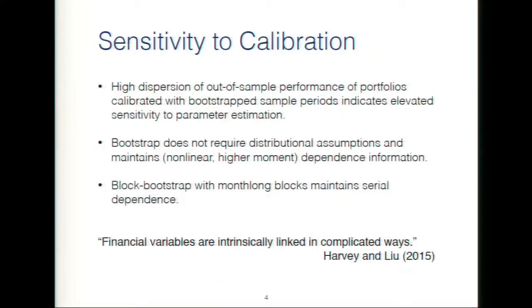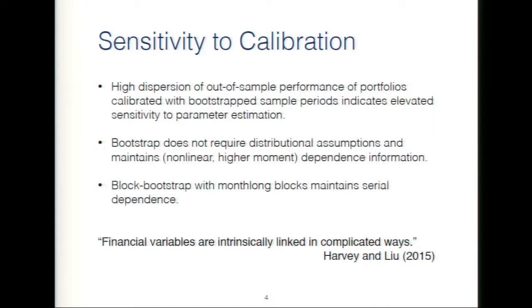So what I'm going to do is measure the sensitivity to parameter estimation by looking at the dispersion of the out-of-sample performance of those portfolios when they're bootstrapped, meaning when they're calibrated with a bootstrapped version of the calibration period. This fits to an observation by Harvey and Liu, who said that financial variables are intrinsically linked in complicated ways.